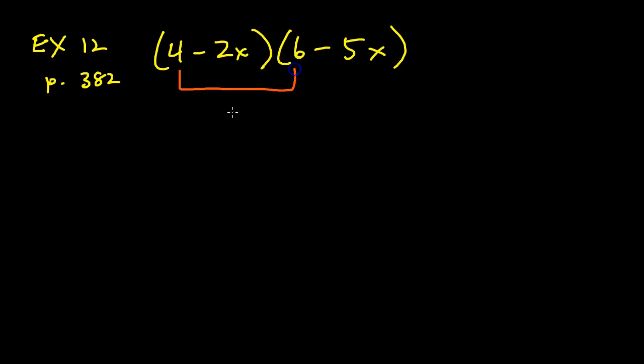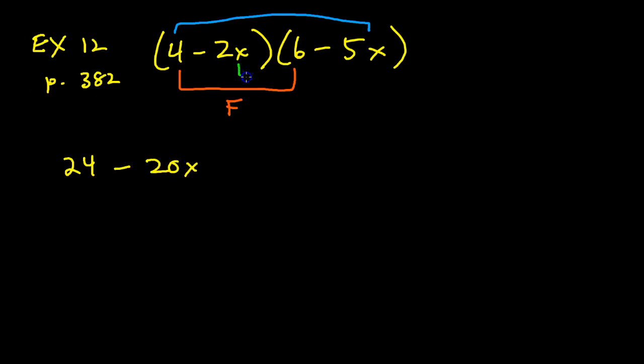First product is 24. 4 times 6 is 24, right? Outer product is minus 20x.